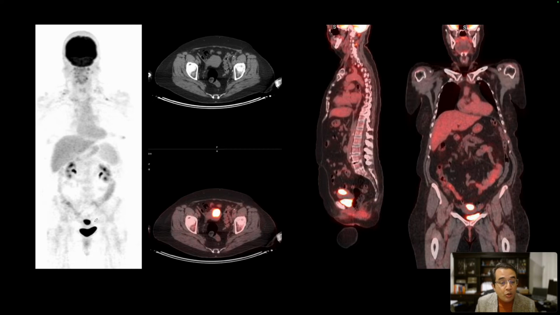They're postmenopausal. We see an uptake in the pelvis. This corresponds to the uterus, and this patient was diagnosed with an incidental endometrial cancer. So remember to look at the patient's age when there is focal endometrial uptake on FDG PET. If it is a young patient, it's likely physiologic. If it's an older patient, it could be an incidental endometrial cancer.